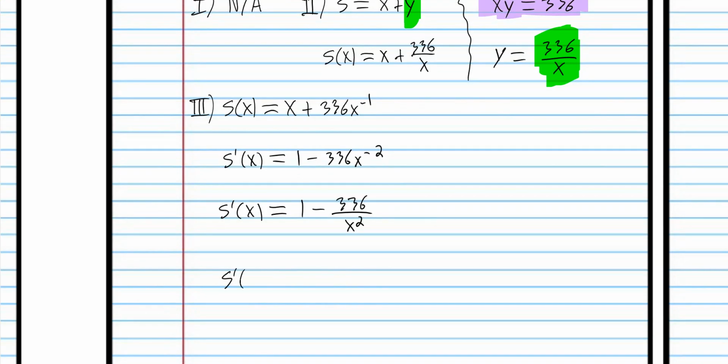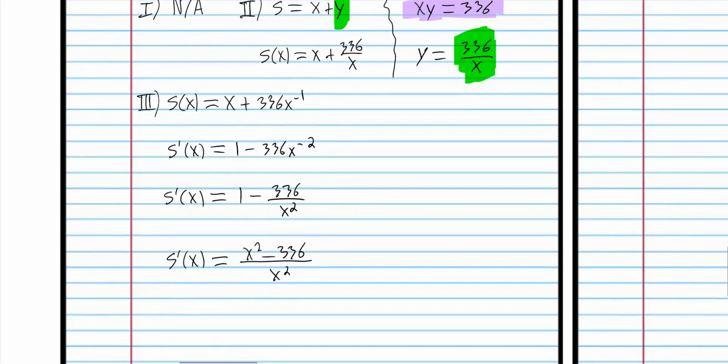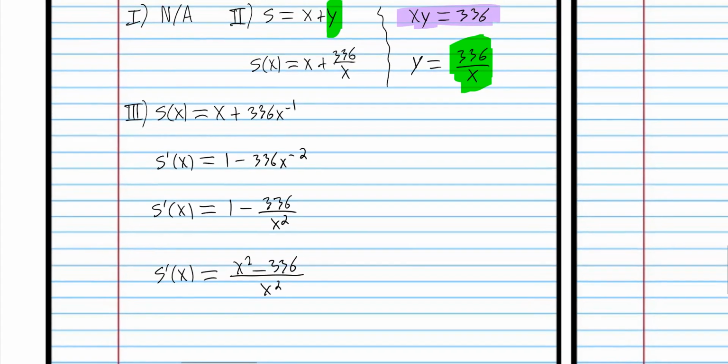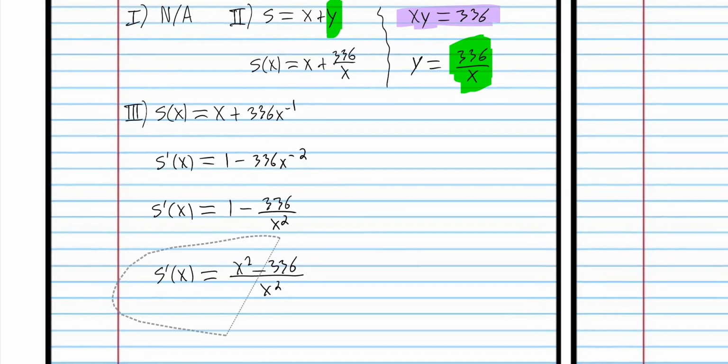Then you want to combine everything into one expression if you have a fraction. It's just easier to do it that way. So now we can use this expression in step number 4 to find the critical numbers.